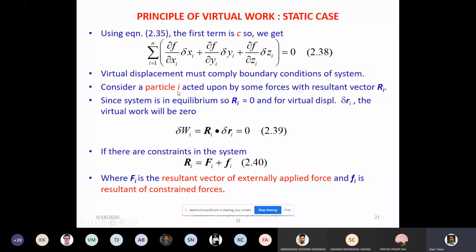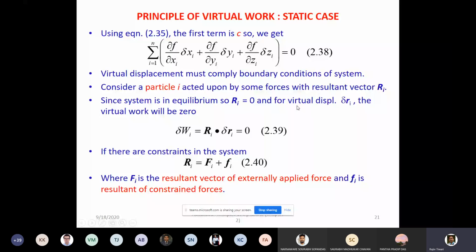At present we are considering the static force, so Ri is the static resultant force. But when the system is in equilibrium, because we always talk about system equilibrium, then the resultant force on that particle should be 0. Then only it will be in equilibrium.